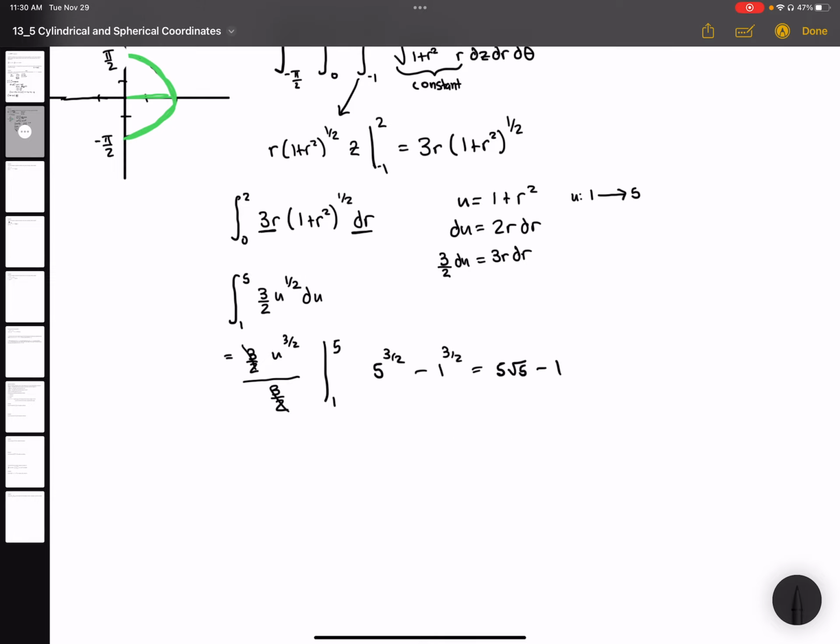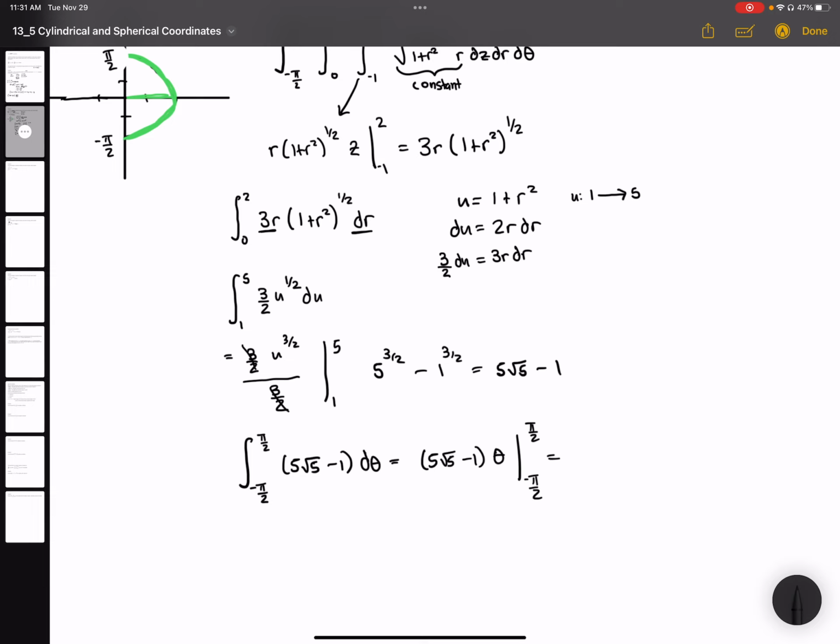And then our outer integral is from negative pi over 2 to positive pi over 2 of 5 square root 5 minus 1 d theta, which is just 5 root 5 minus 1 times theta evaluated from negative pi over 2 to positive pi over 2, which again, we're just subtracting these values.